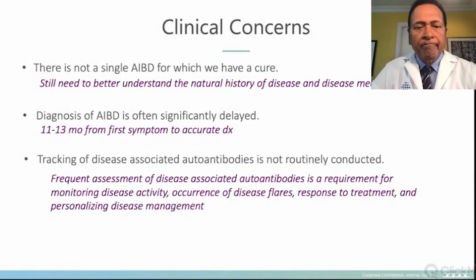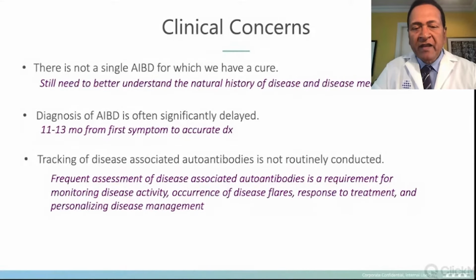And it continues to remain the case that tracking the disease-associated autoantibodies is not routinely conducted, maybe in certain larger academic investigational research centers, but still, I believe that ultimately the frequent assessment of disease-associated autoantibodies will be a requirement for monitoring disease activity, characterizing and predicting the occurrence of disease flares and response to treatment, and ultimately personalizing disease management.